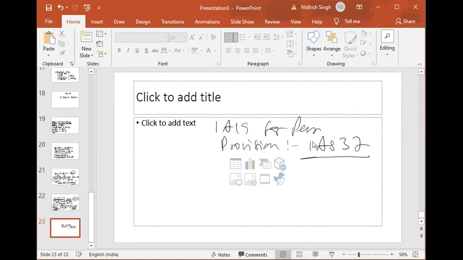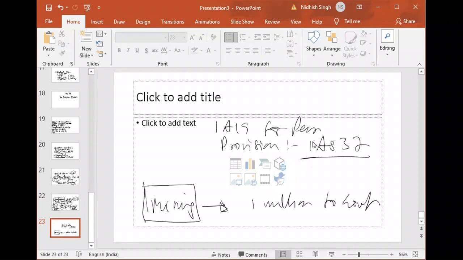Not only this, if you are in a mining business and you think that after you complete your business, you might need to pay 1 million to the government in order to reinstate the damage to the environment, and that 1 million you need to take the present value of today, it might be say 0.75 million.